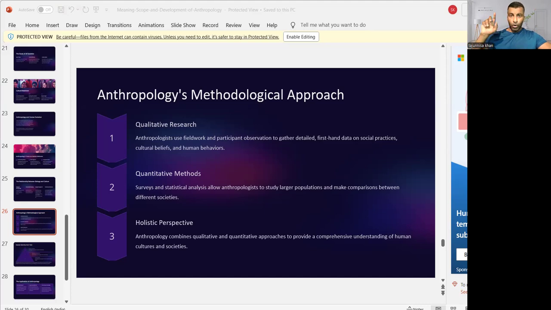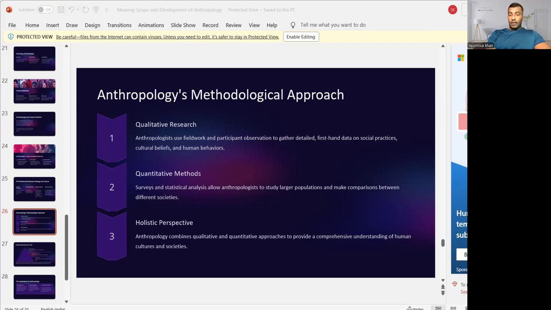It is possible only in a small area and small society. If you want to extend it, that is very difficult, because the time and effort you need to spend is very huge. So if you combine qualitative and quantitative, like surveys and statistical analysis, then you can extend the qualitative approach with the help of those comparisons.